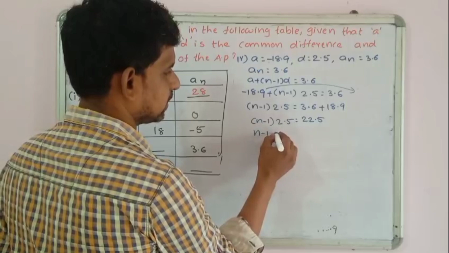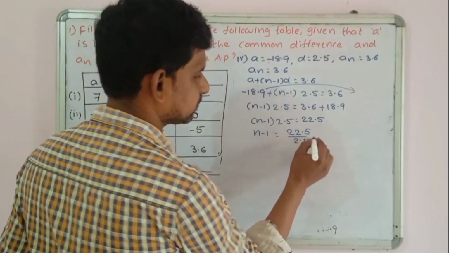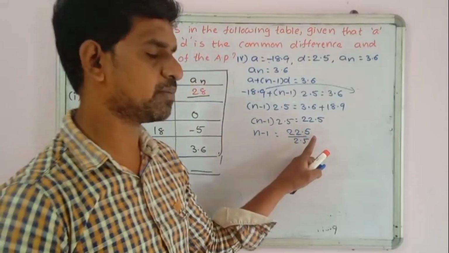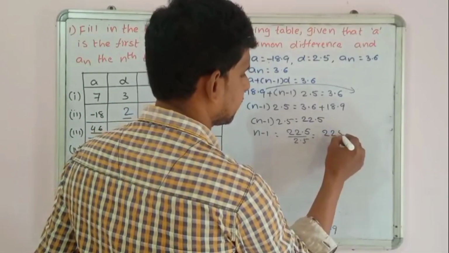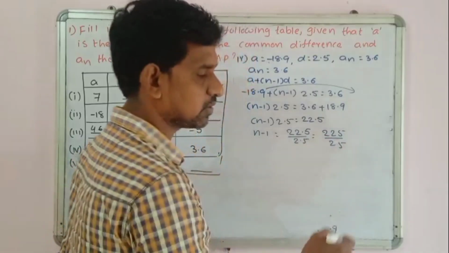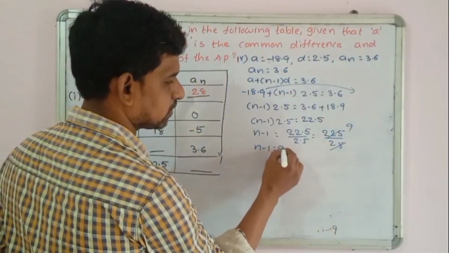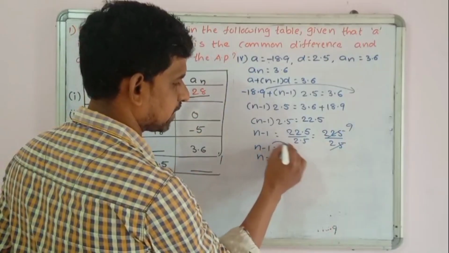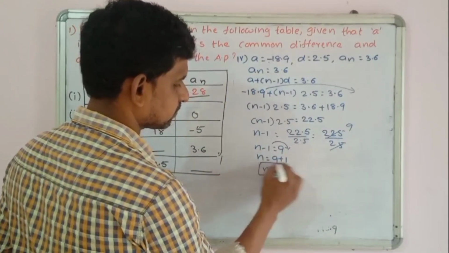So n minus 1 equals 22.5 by 2.5. Observe that decimal after one number is there, here also decimal after one number is there, so it can be written as 225 by 25. How many times? 9 times. So n minus 1 equals 9, n equals 9 plus 1, transpose to right side plus 1. So n equals 10.